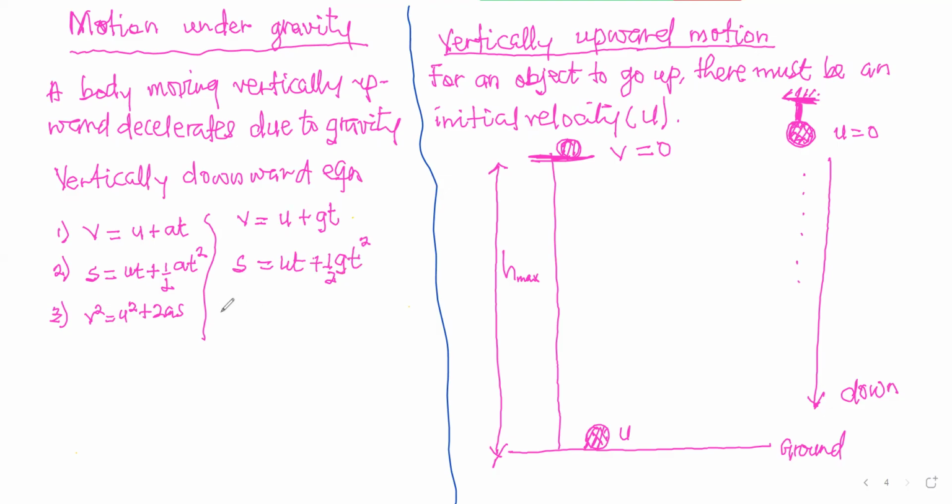Then lastly, V squared is equal to U squared plus 2GH. Instead of displacement S, because it's vertical motion, the height is represented by H to denote vertical height.